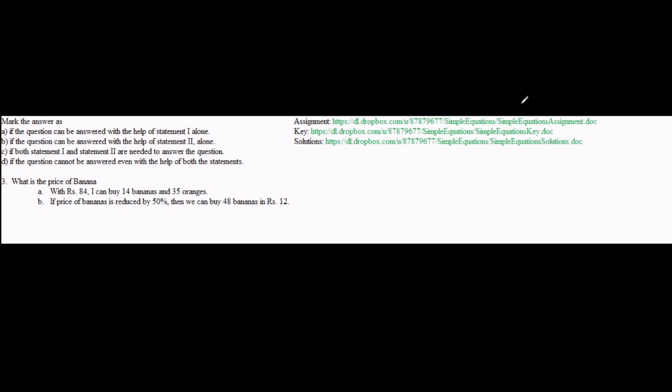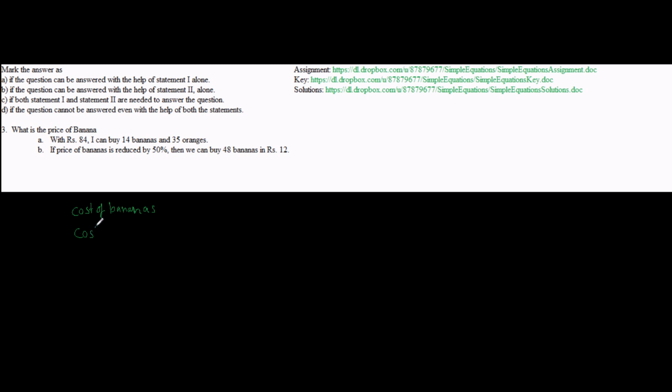Okay, so problem number 3 in the data sufficiency section says, again same thing so I won't repeat that, with rupees 84 I can buy 14 bananas and 35 oranges. So first I list down what is unknown. The unknown is the cost of bananas. It is given that with rupees 84 I can buy 14 bananas and 35 oranges, but the cost of bananas is not given.